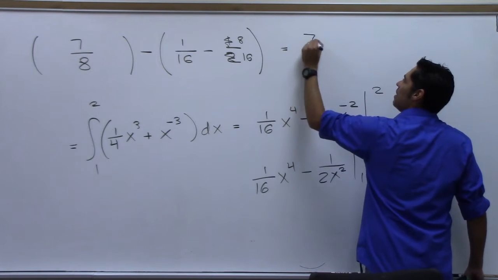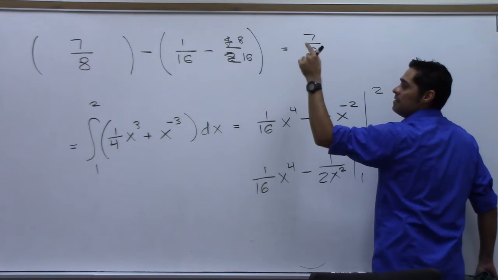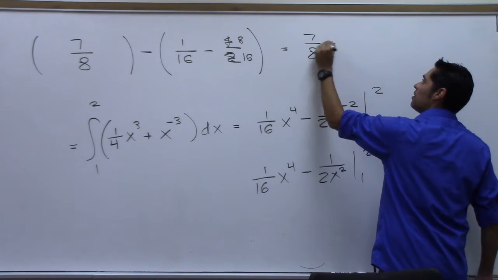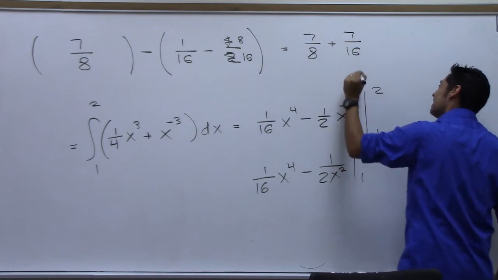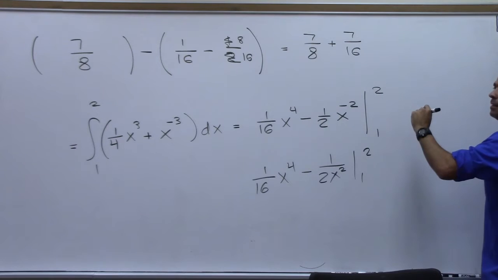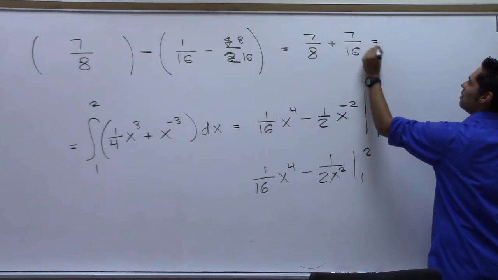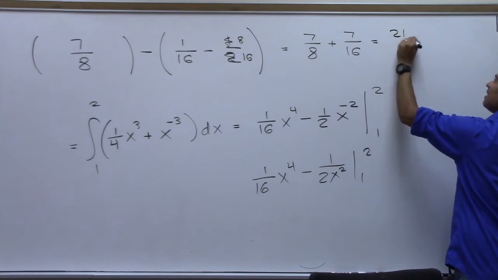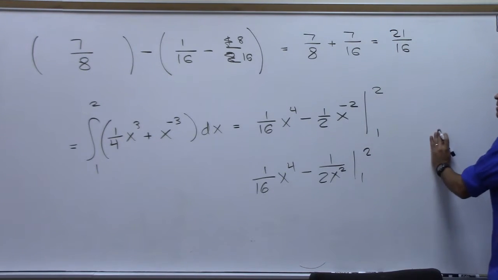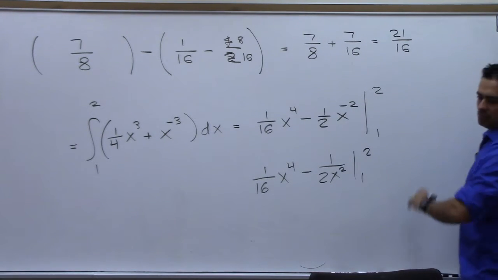So this is 7/8 minus negative 7/16, so plus 7/16. 21/16. You got it? Okay. Which is 21/16. Get a common denominator. Okay.